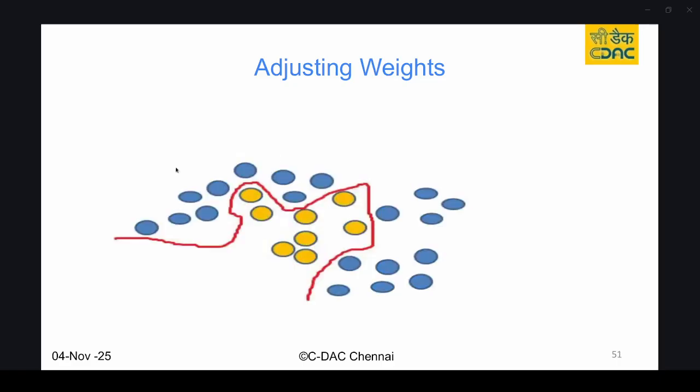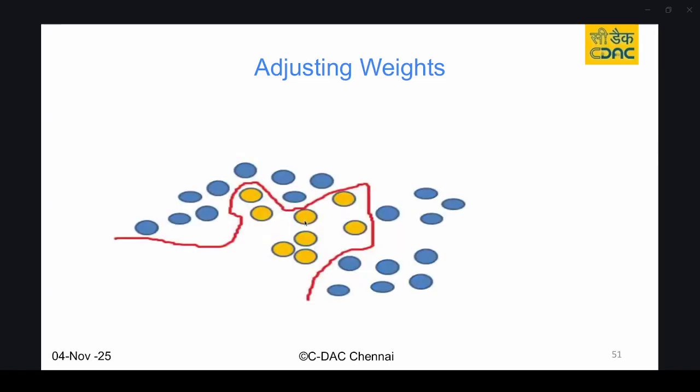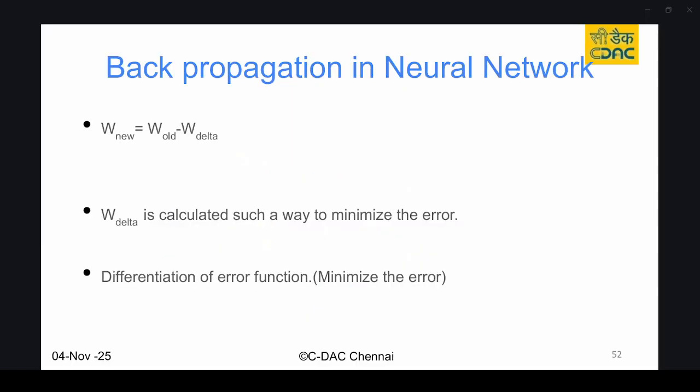Minimizing the error means finally a line that can separate the normal X-ray input data points and abnormal X-ray input data points accurately. So that's our objective. Many times we get a neural network of 95% accuracy, which means there may be some error, some inputs which we are not able to classify. So this process is called training of a neural network. Training means we are adjusting the weights in such a way that the error is minimized.